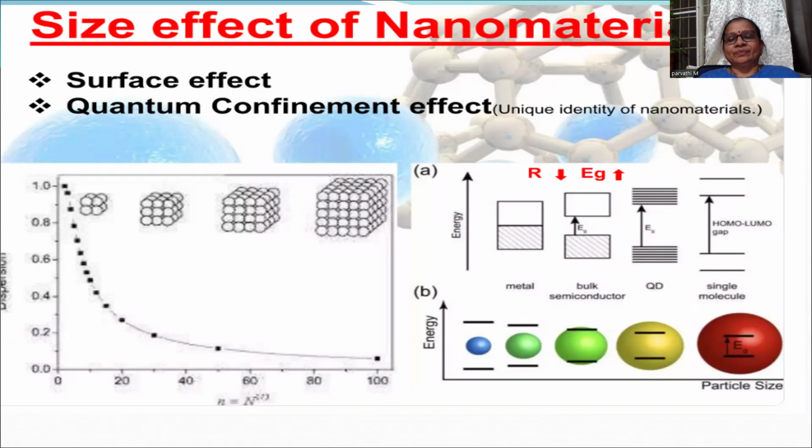Coming to the particle size on the right hand side, energy versus particle size: when the size of the particle is higher, their bond energy is higher, that means mobility level to stable level. That means the valence band to conduction band energy gap is low when the particle size is high. That's why, when particle size is high, they are more stable as the internal energy gap is very small.